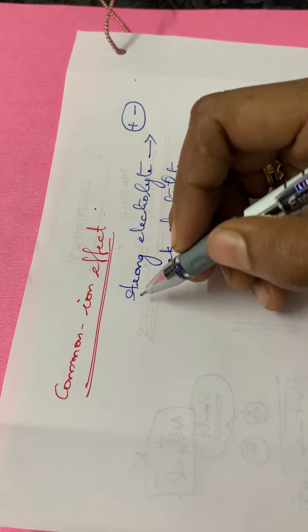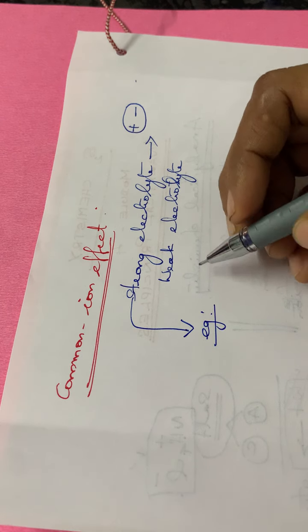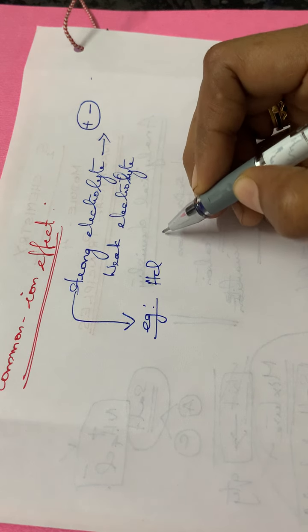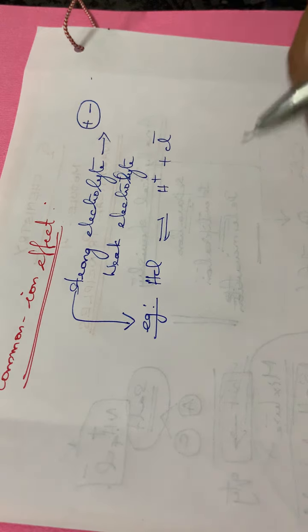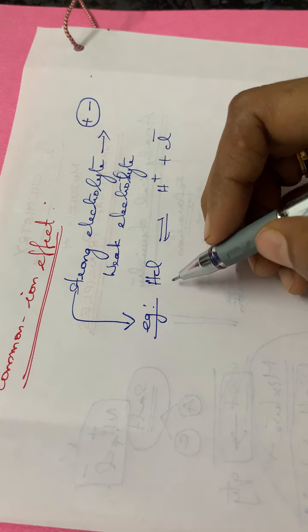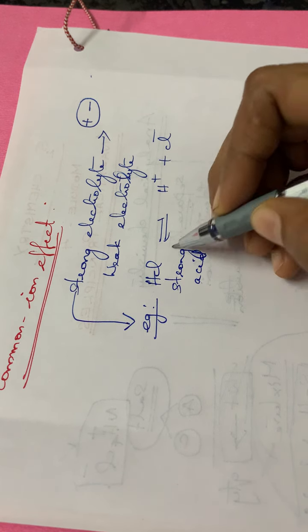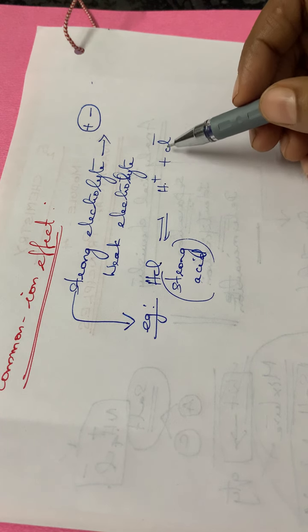Say for example, in the case of a strong electrolyte, HCl. HCl in water will be ionizing as H plus and Cl minus. This HCl is a strong acid, or we can say it is a strong electrolyte. A strong acid means the major characteristic feature is that it will be completely ionized in solution.